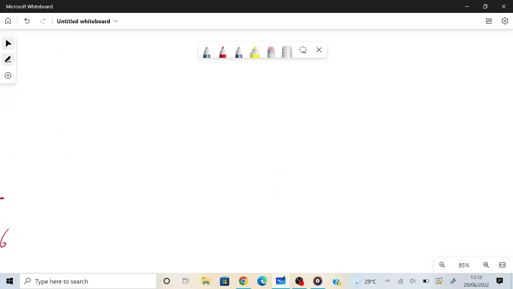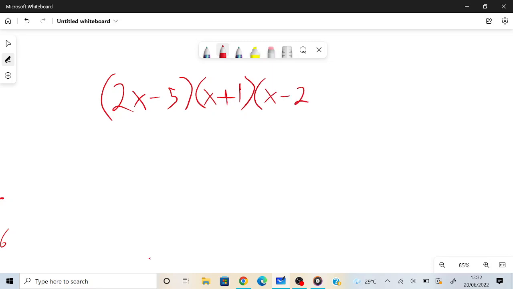Moving on, the next question we have here is 2x minus 5 into x plus 1 into x minus 2. Now over here we don't have a double bracket, we have a triple bracket.